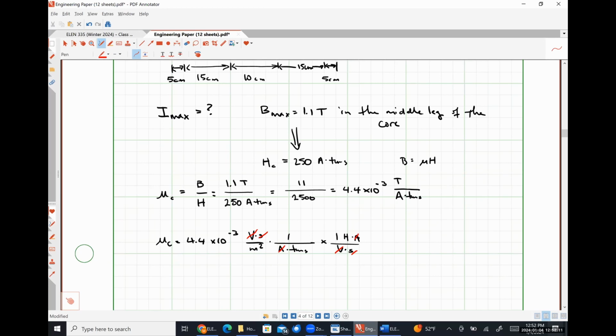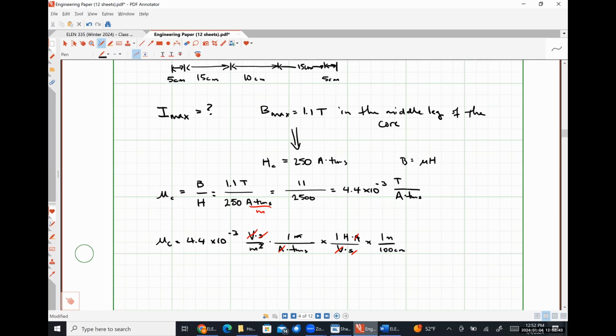So this should be amp turns per meter, and I'll need to update that chart, which is going to put a meter up here. And then that meter cancels out one of those meter squares, and I'm going to be left with Henrys per meter. Now I'm going to multiply this by 1 meter is 100 centimeters.